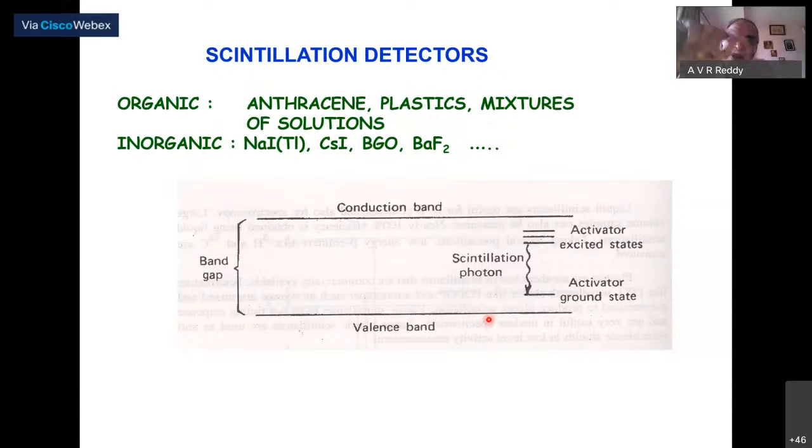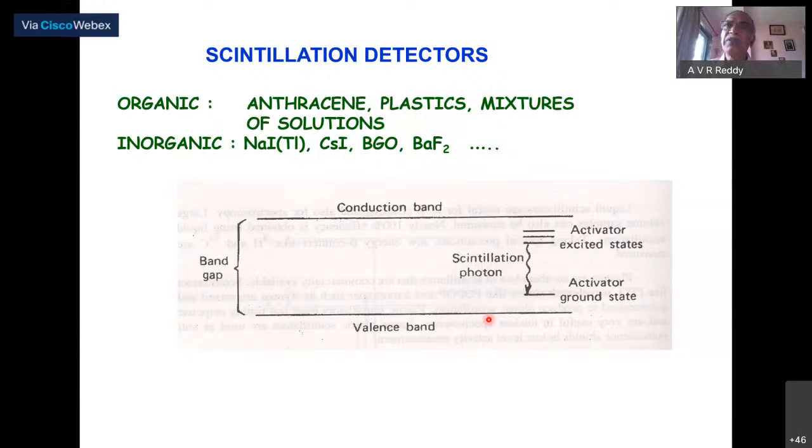Whereas in the case of inorganic scintillators, like sodium iodide thallium, cesium iodide thallium, BGO, barium fluoride, etc., they all have crystalline structure, and they will act as semiconductors. What is a semiconductor? You know the meaning, I think I might have talked about it in the last class.